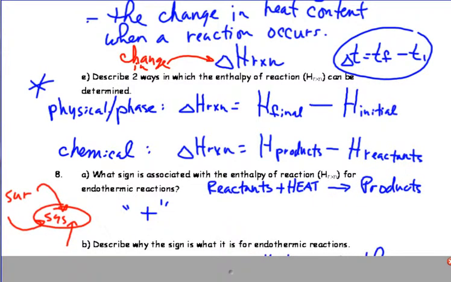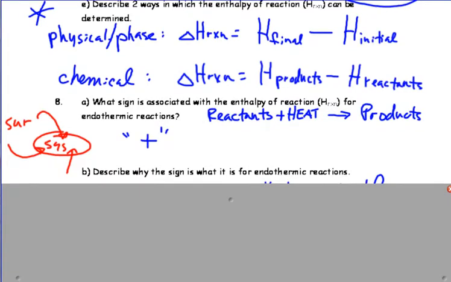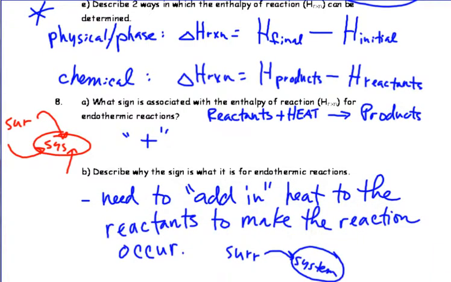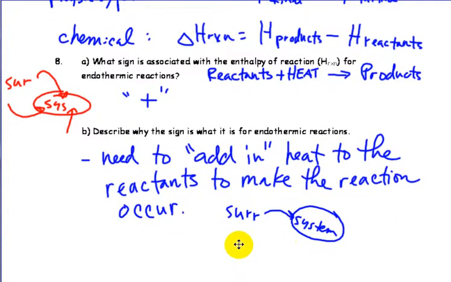And looking at, I kind of mentioned this already, in terms of signs, for an endothermic reaction, we think of heat entering the system. We have to add it in for the reaction to happen. So if it's a chemical reaction, we must add heat to the reactants to make products. So we think of heat as being positive because we're absorbing it, we need to add it in to make the reaction occur.